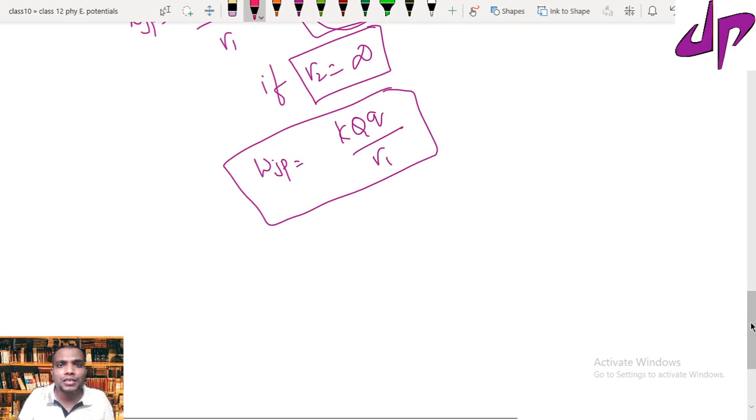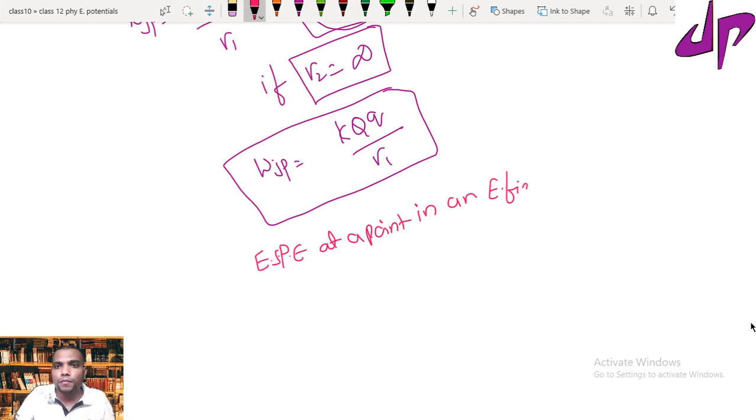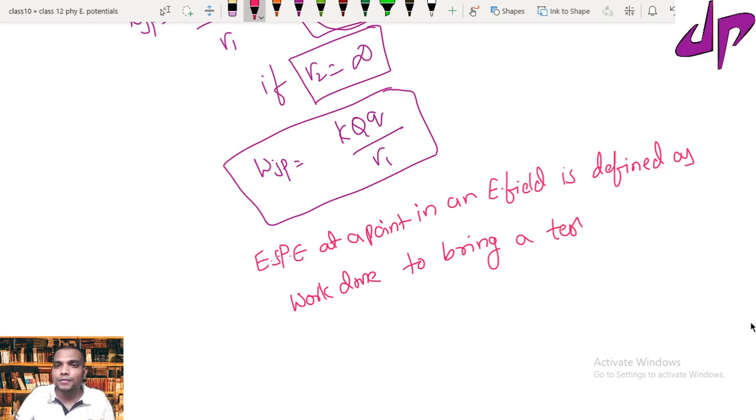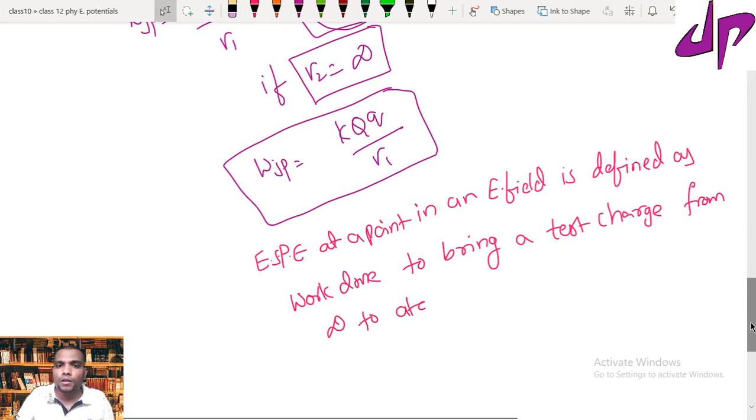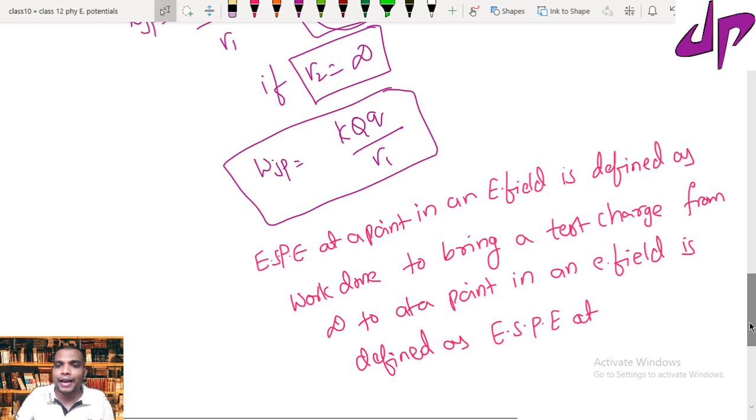So now I can define potential energy. Electrostatic potential energy at a point in an electric field is defined as the work done to bring a test charge from infinity to that point in an electric field.